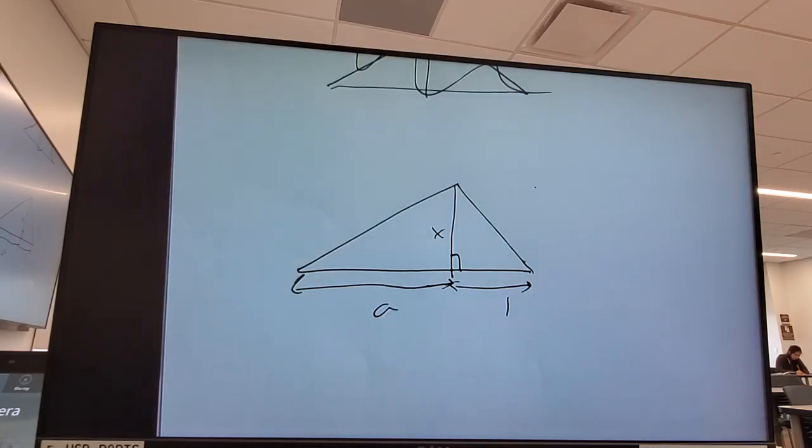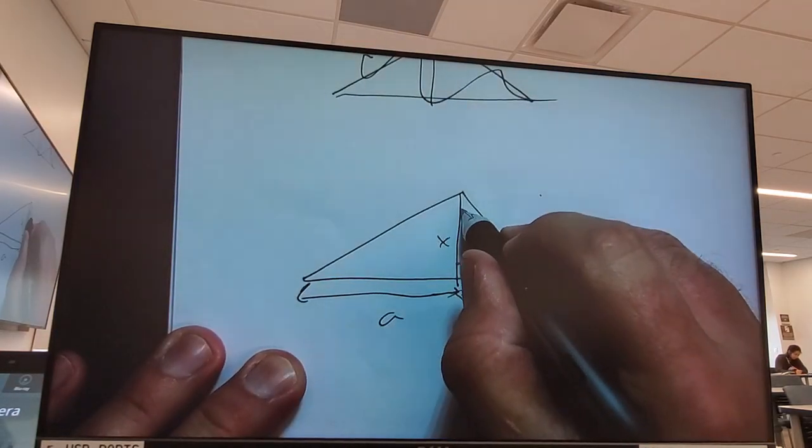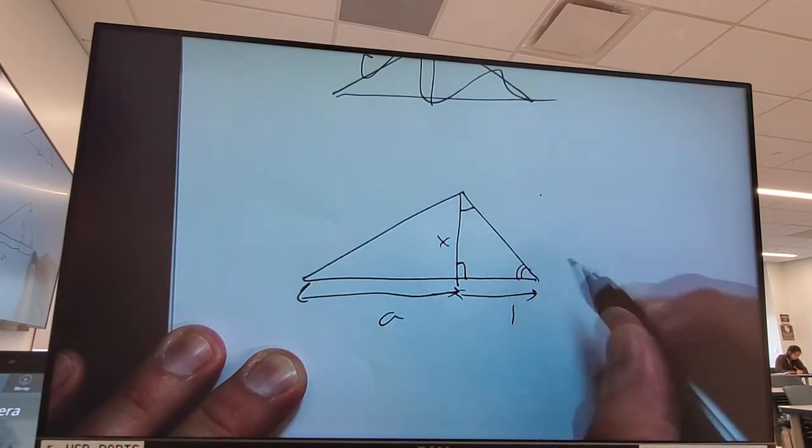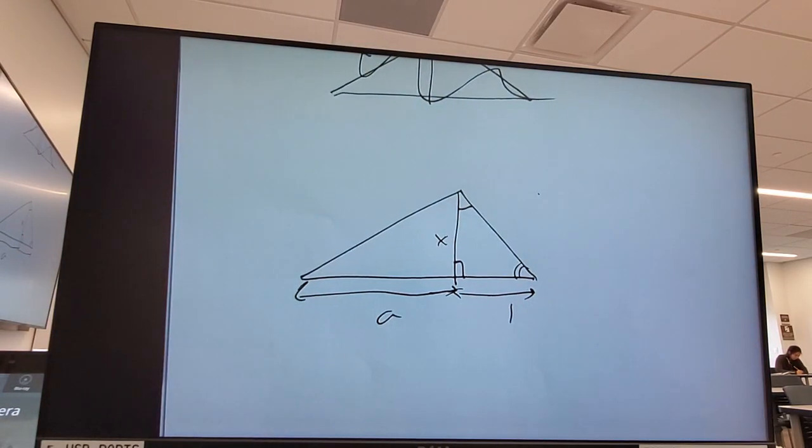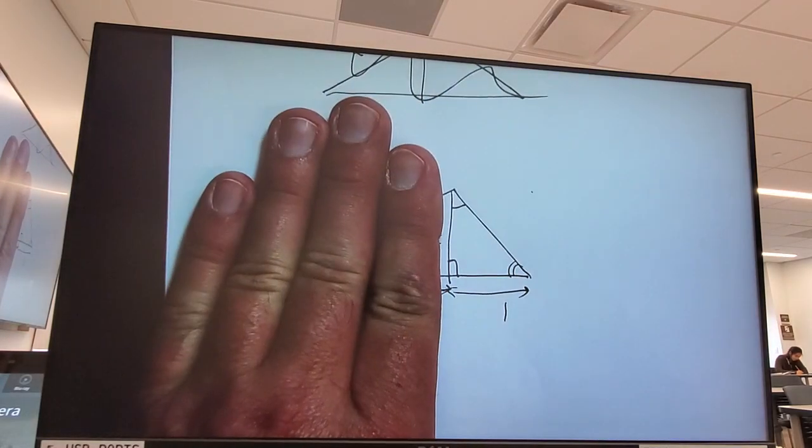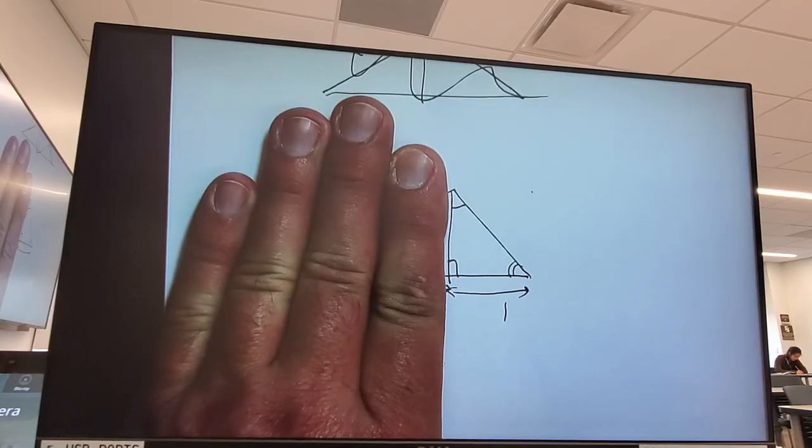Can anyone tell me anything about these two angles here? What must be true about those two angles? What's the only angle in that triangle that we know? 90.